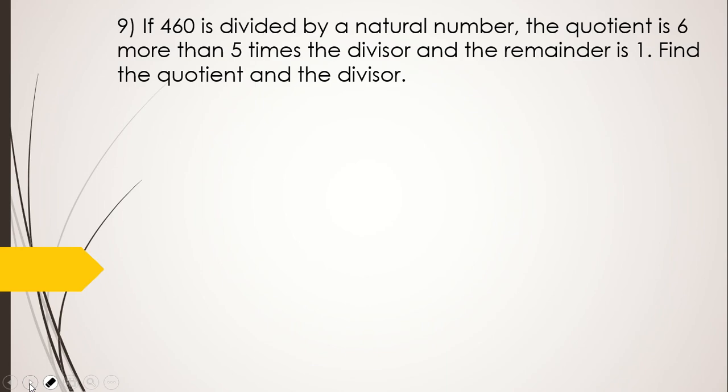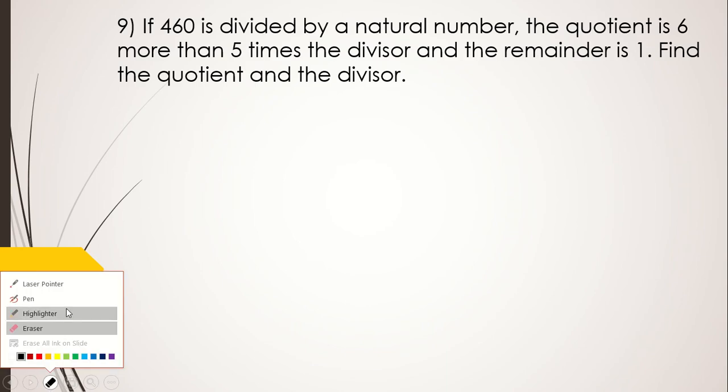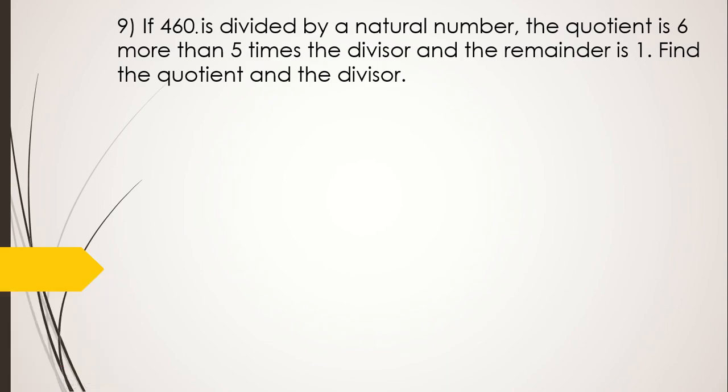Let's move to the next sum. Read what is given. If 460 is divided by a natural number, so this dividend is given, 460, and it is divided by some natural number. So assume this natural number to be x.